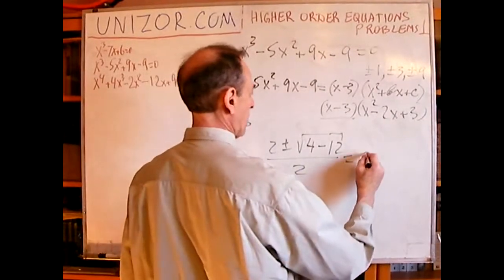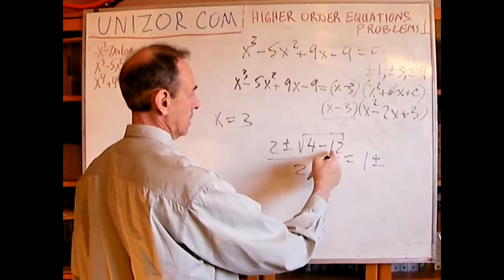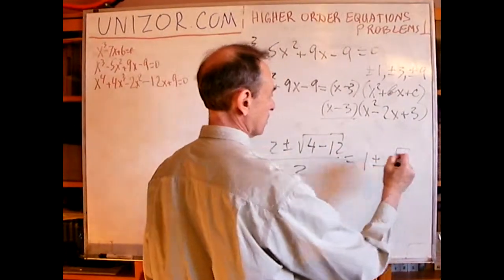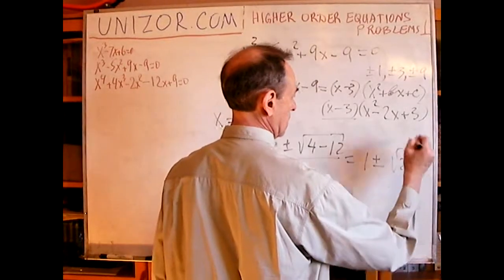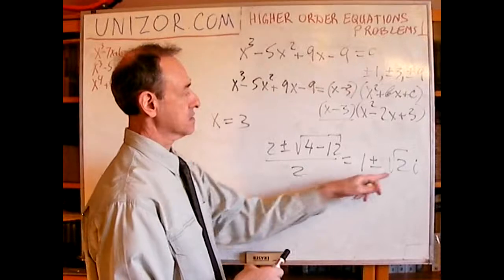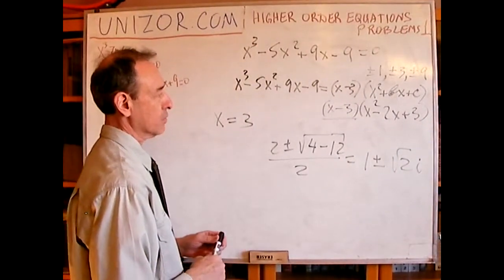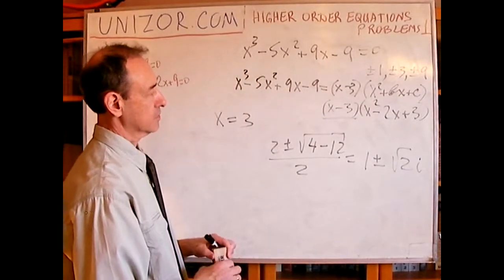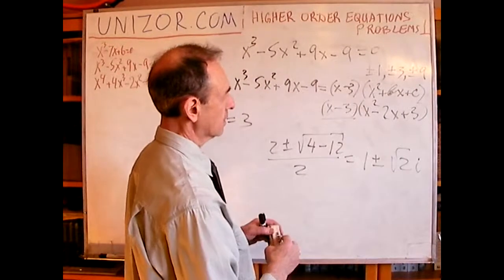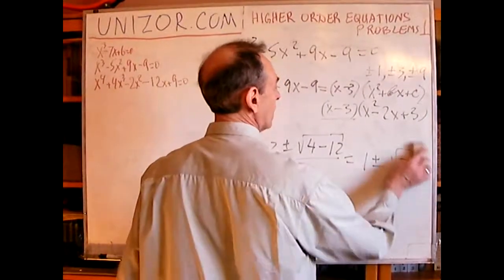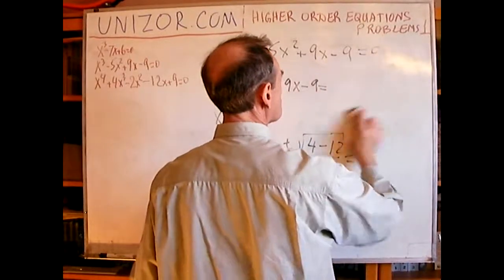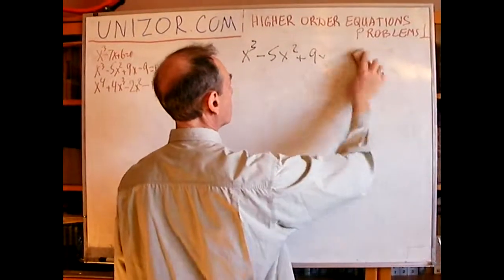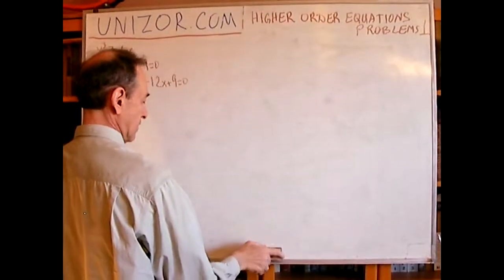So it's 1 plus minus square root of 2 i. So that's 2 other solutions which are supposed to be solutions of the 3rd degree polynomial equation. I hope I didn't make a mistake here. Well, forgive me if I did. In any case, this is just a quadratic equation, so it's okay. Principle is more important than the details of this.